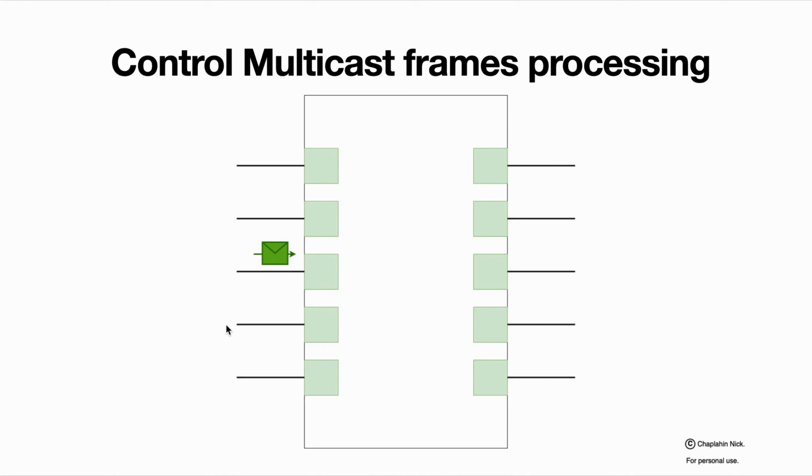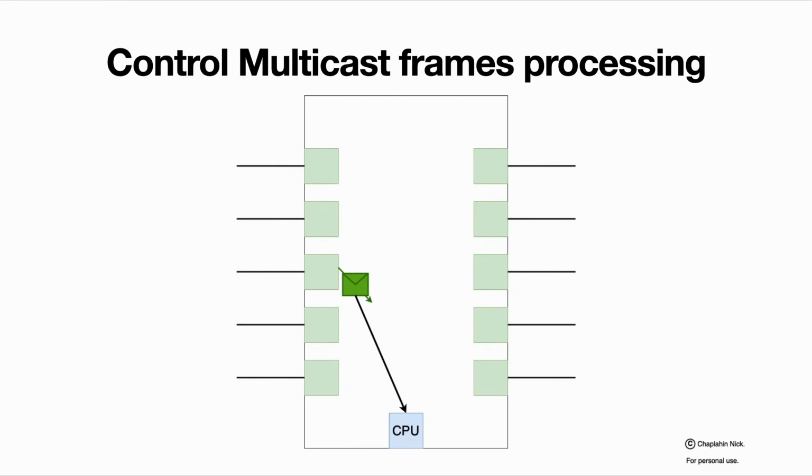In control multicast frames, which are control for multicast routing, for multicast processing, for many protocols, we have control traffic that has multicast destination addresses, either L2 and L3. Well, if we have a multicast L3 address, we would expect that the L2 destination MAC will be multicast as well. But anyway, control traffic is processed in the following way, mostly. We receive a control frame, it is captured to the CPU and sent to our system for processing.